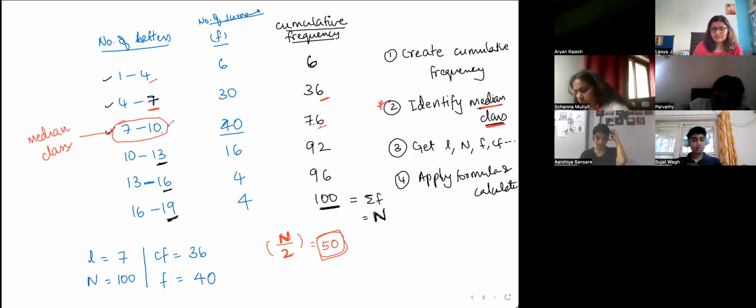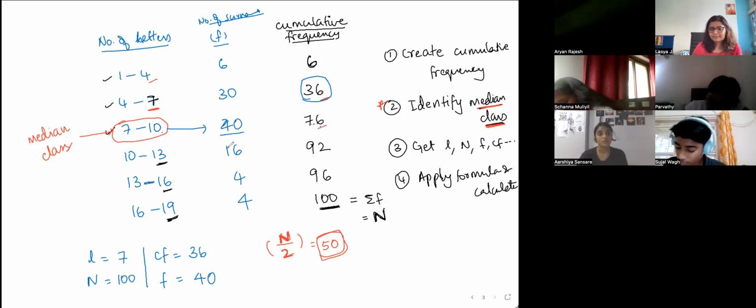Frequency is for the median class itself. Only the CF value you need to take from the class preceding the median class. So CF is the cumulative frequency of the class one above, and frequency is this only. Ashia, again, median should be between 7 to 10. Check.